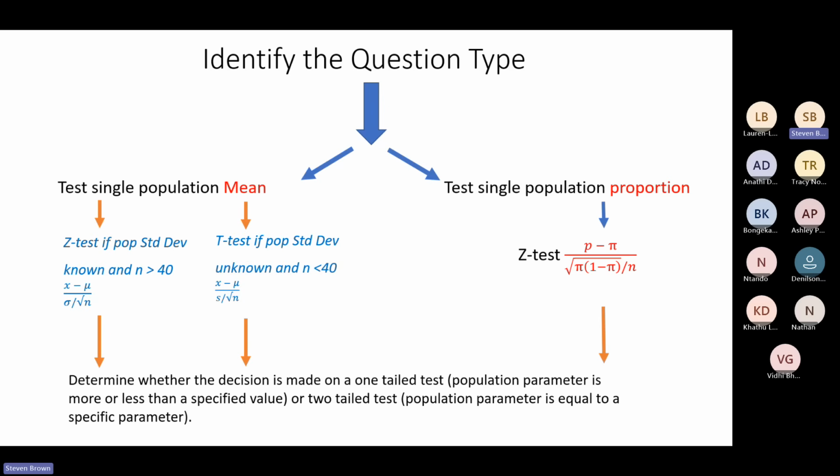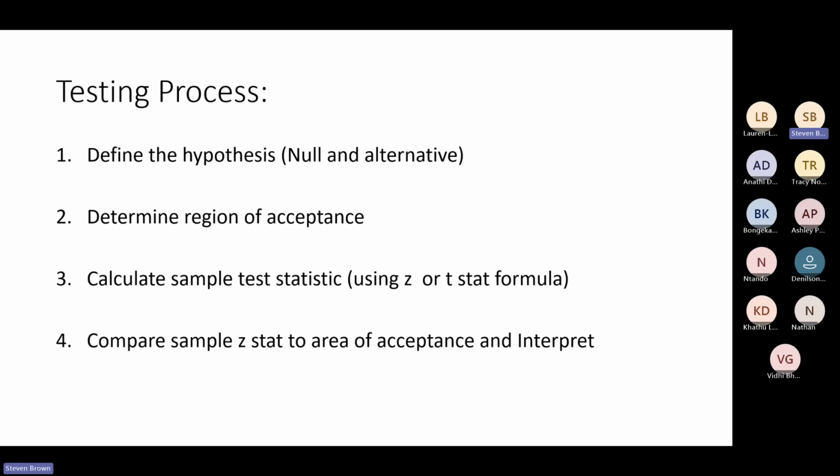Now we're cooking with gas. If it's got a proportion, then you're done. Then you just follow this calculation down. If it's got a number, the next question is, what's the population size, or the sample size, should I say? Sample greater than 40, Z. Sample less than 40, T. Follow your steps like you have learned them. 1, what's the claim? Null, alternative.